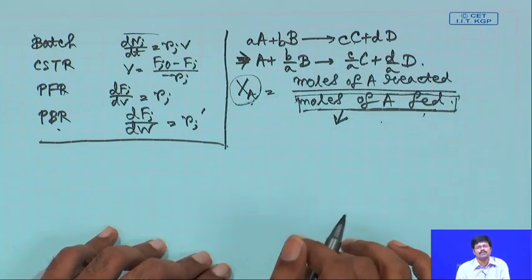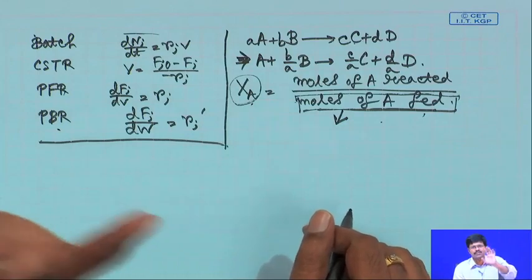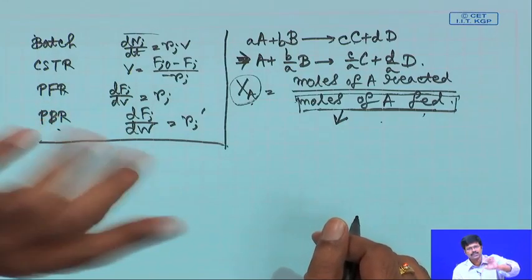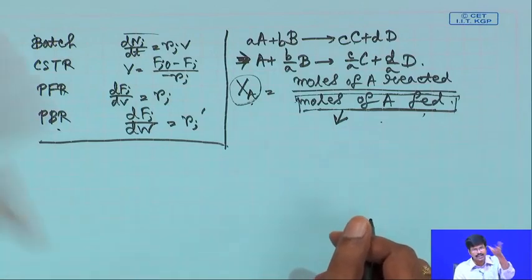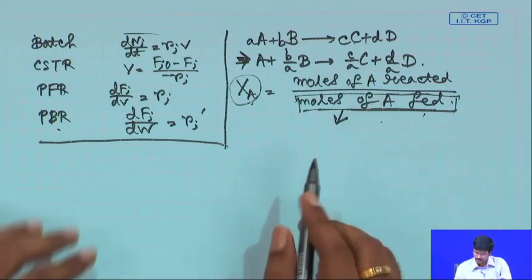So, this difference you have to keep in mind. The amount of A that is coming into the reactor is the moles of A fed, but as such you are not feeding anything into the batch reactor, everything is inside when you start the reaction. So, basically that is the moles of A at time 0, t equals 0, that is the denominator then.